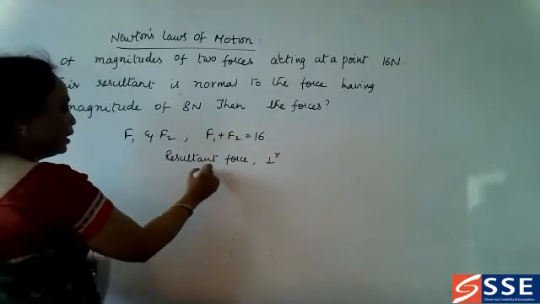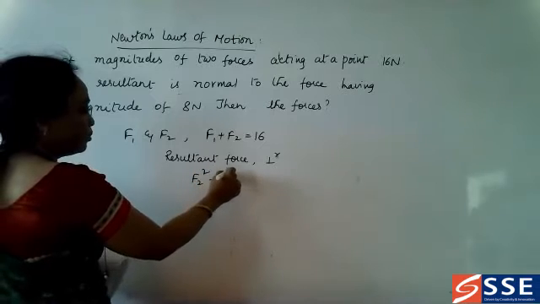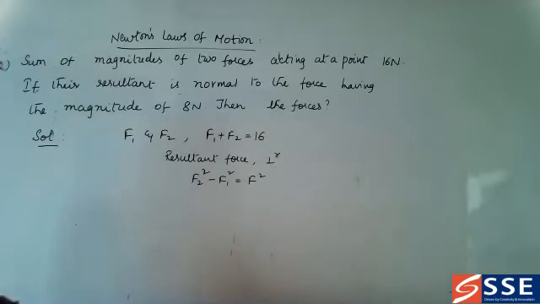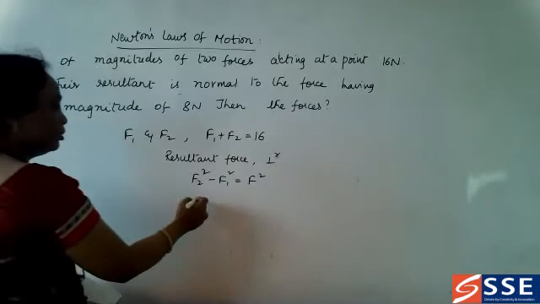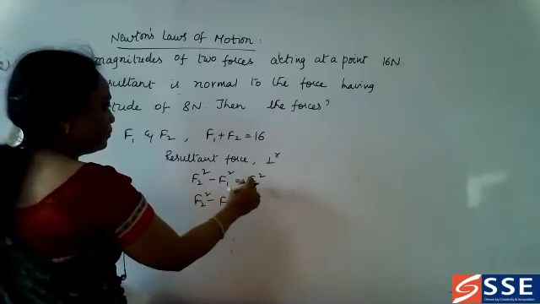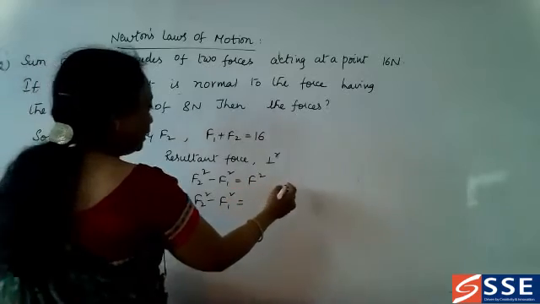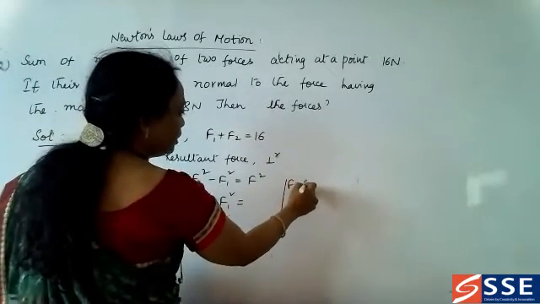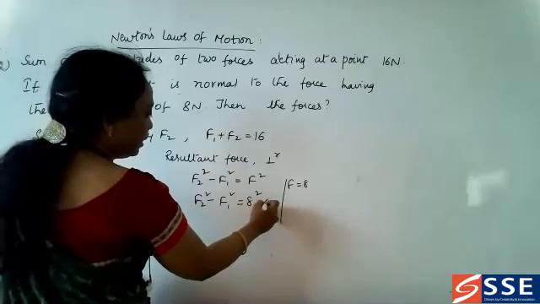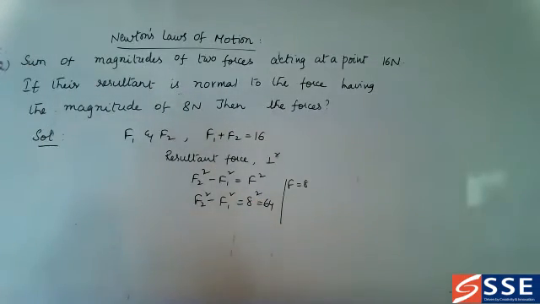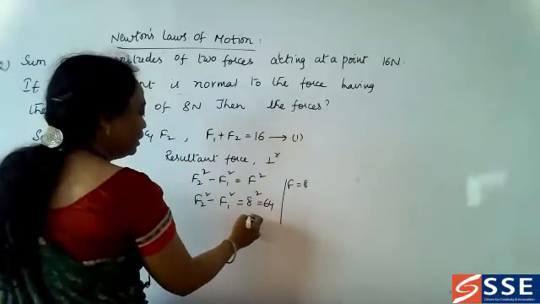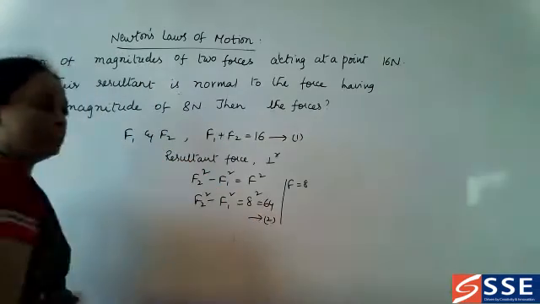Therefore F2 square minus F1 square is equal to F square. F is taken as 8 here, so F is 8 Newton. Therefore 8 square, which can be written as 64. This is taken as equation 1, and this one is equation 2.